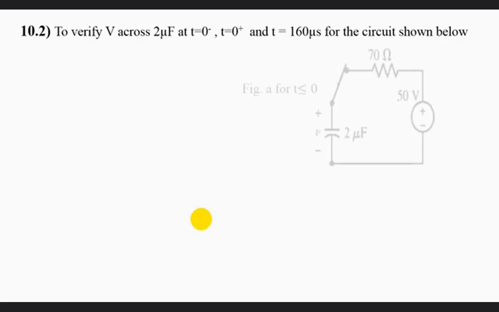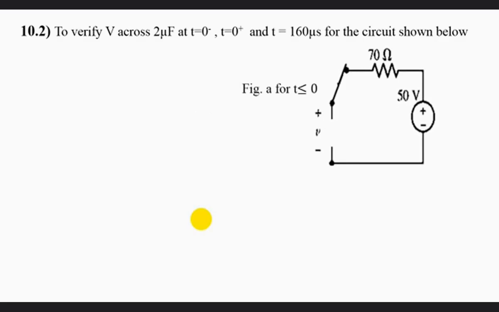From the first figure we can see that the capacitance behaves as an open circuit always in a DC circuit. We know Xc is equal to 1 by omega C. As omega is 0, we get Xc equal to 1 by 0, which is nothing but infinite, and thus we replace the capacitance with an open circuit.